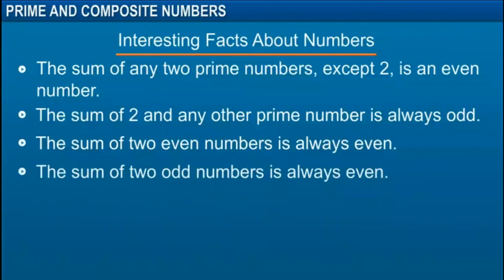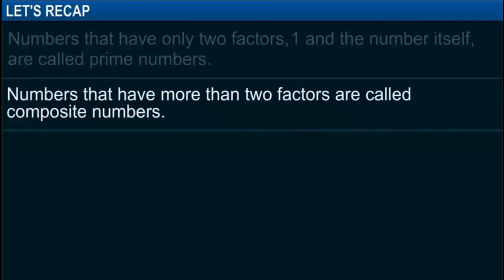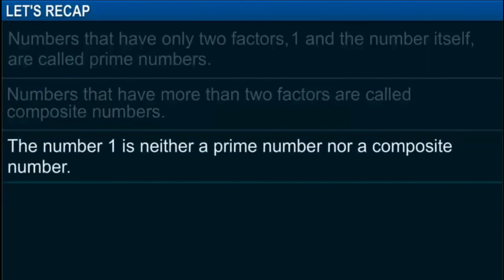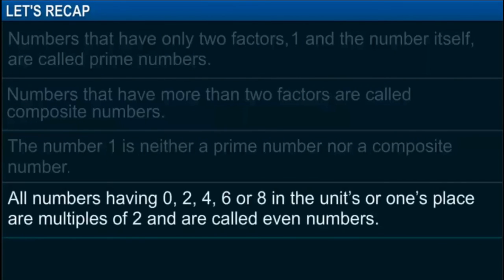The sum of two odd numbers is always even. Numbers that have more than two factors are called composite numbers. The number 1 is neither a prime number nor a composite number. All numbers having 0, 2, 4 in the units or ones place are multiples of 2.